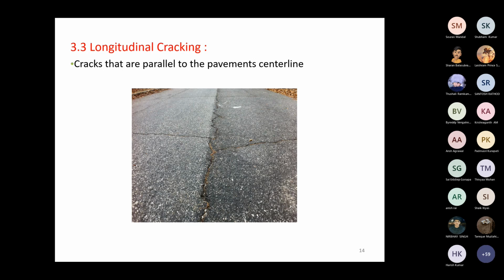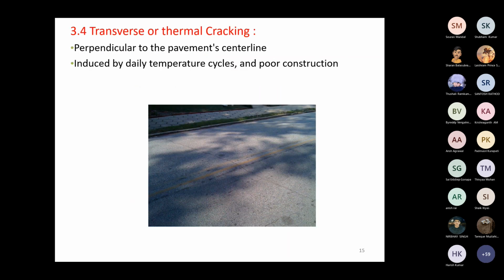Suppose you have not provided any overlay, and you constructed half of the road in one stretch and the other half in another stretch, or you have done some widening of the road, and if proper bonding or joining is not provided, then these cracks will develop. These are some of the reasons for that.